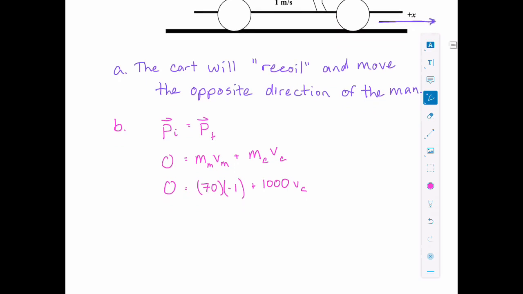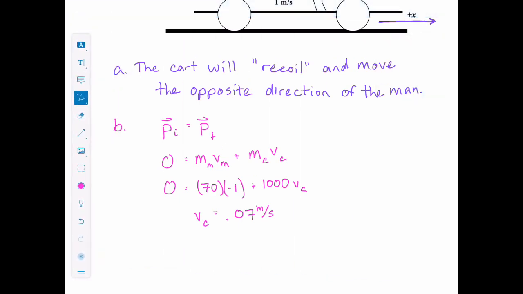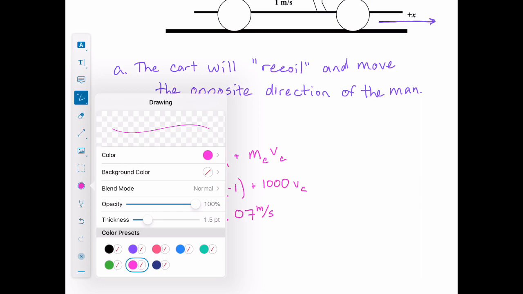All the variables are now plugged in except for the speed of the cart. That's what we're trying to get. The speed of the cart is therefore 0.07 meters per second. So as the man walks to the left at 1 meter per second, the cart is going to recoil to the right at 0.07 meters per second.